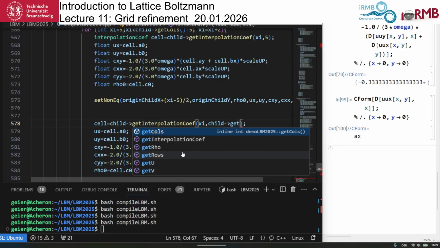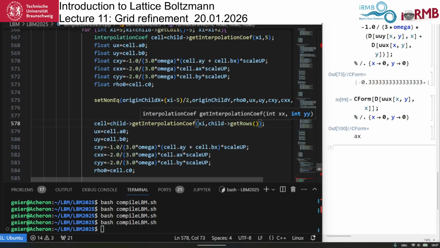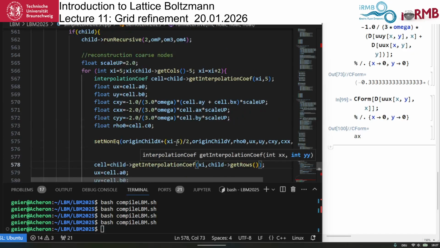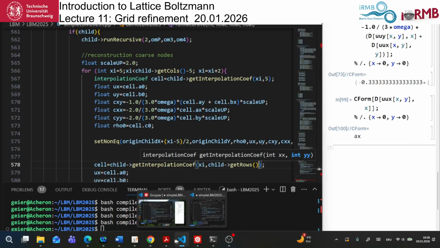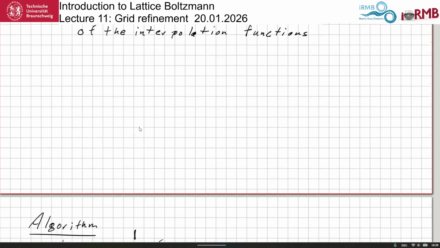Get rows. So that's the maximum number. And from there, okay, let's look at the picture again, because otherwise I think this is not possible.